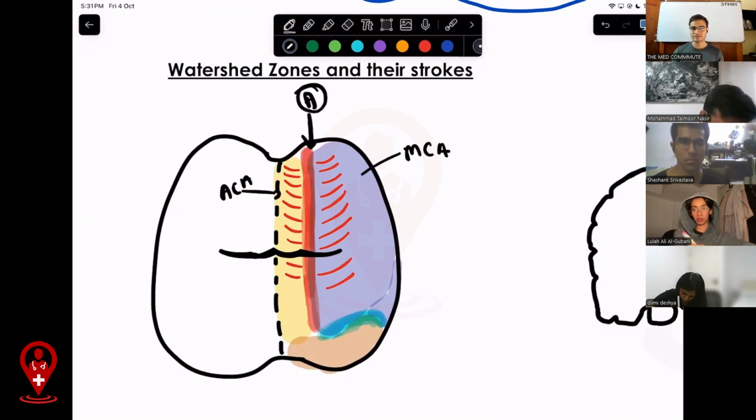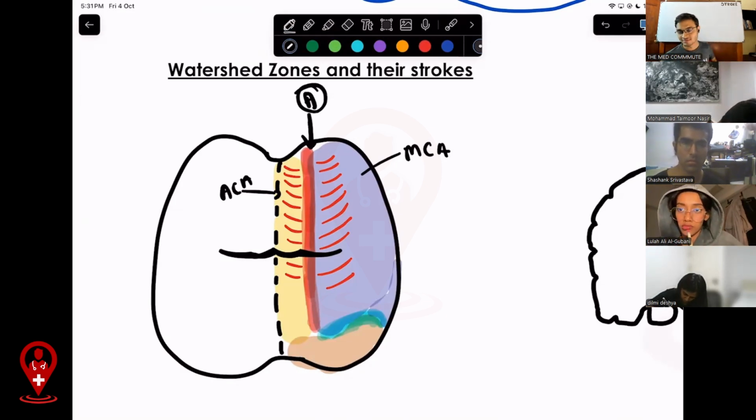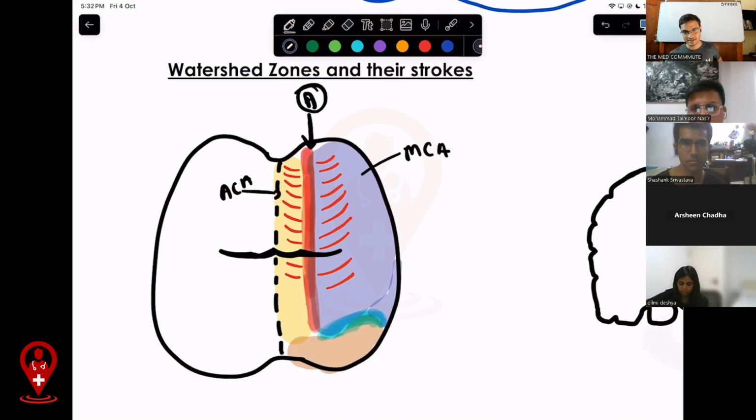More with MCA symptoms, more with ACA symptoms? The patient can have variable presentation. Excellent. The patient will have a mixture of ACA and MCA symptoms. Very good, Arshin.